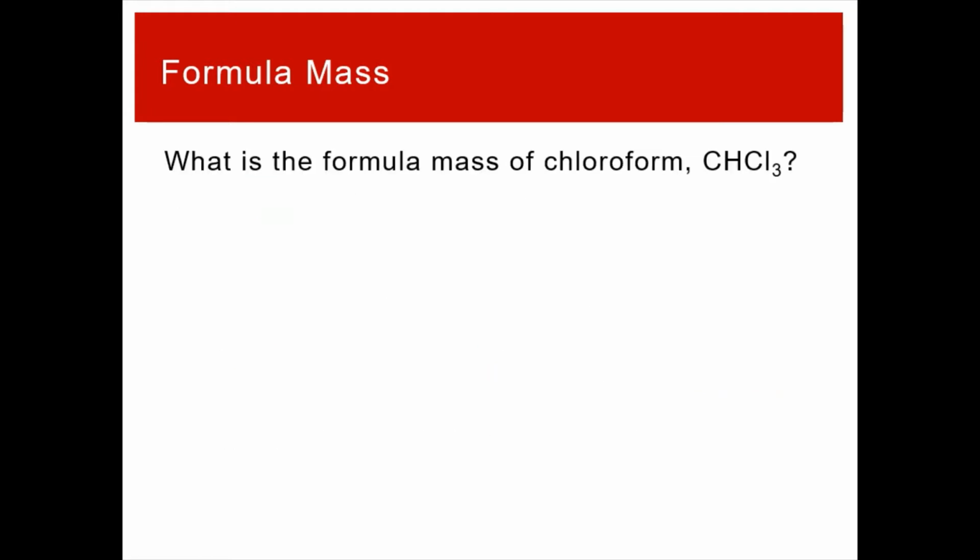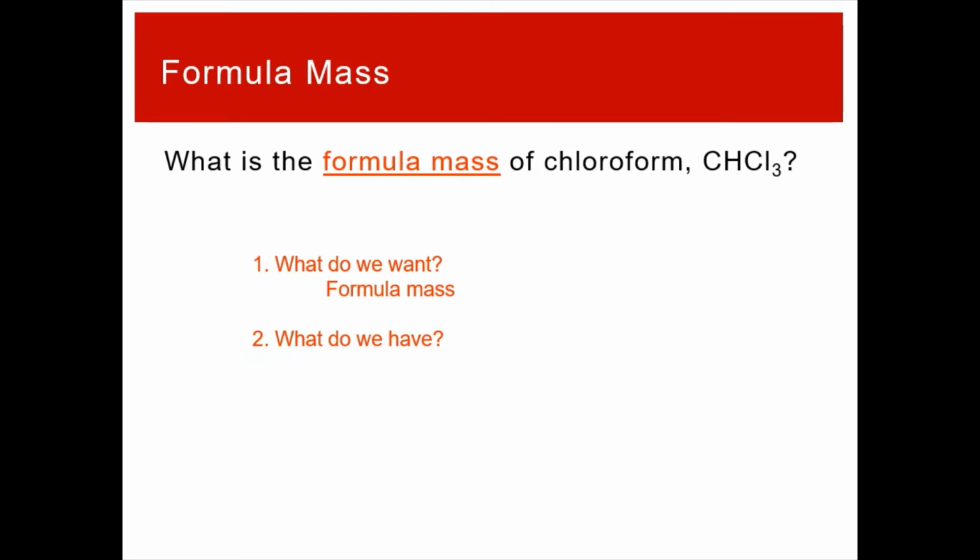So let's actually work through an example. What is the formula mass of chloroform, which is CHCl3? When we're calculating, what do we want to start with? When we see formula mass, this isn't really a problem-solving issue. There's no conversion factors. This is a process.